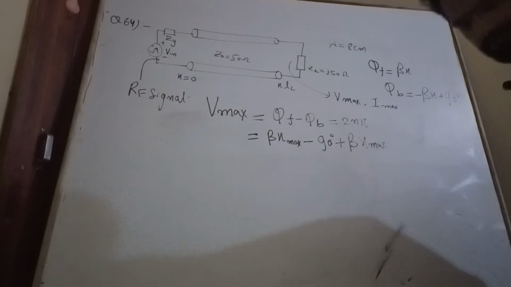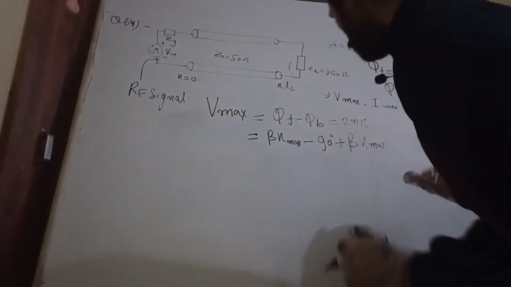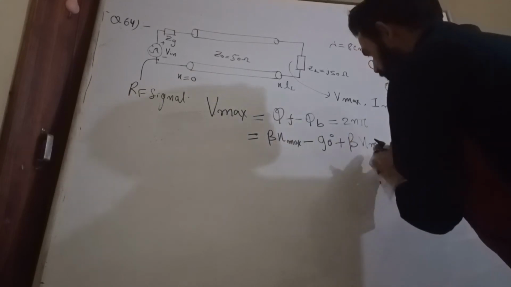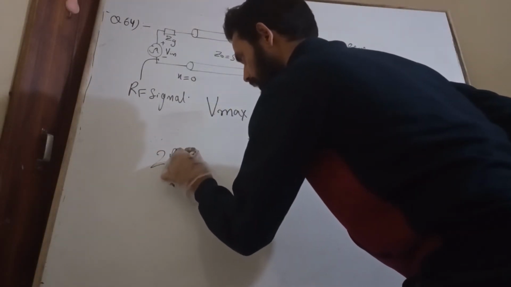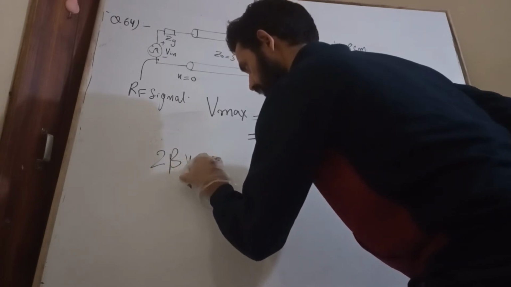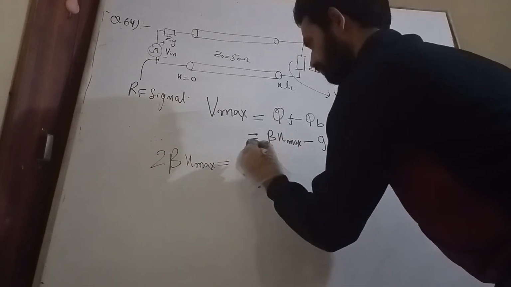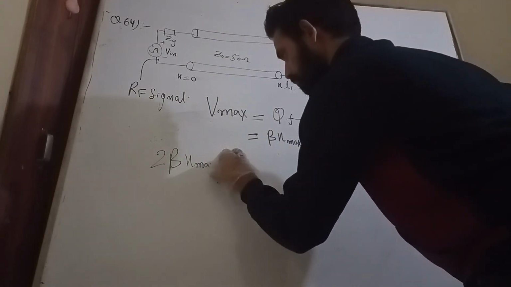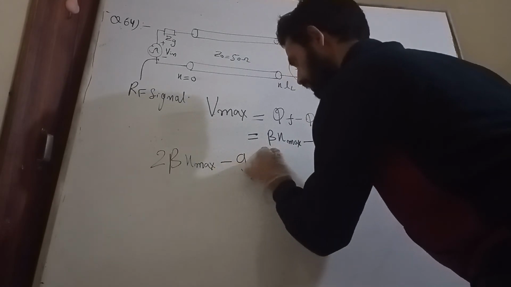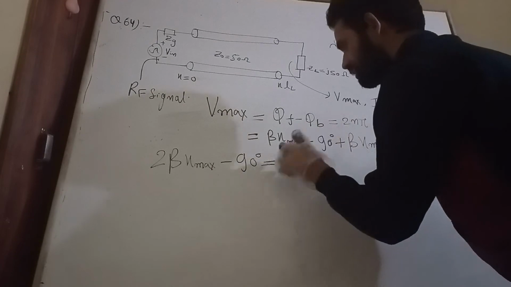So 2βx maximum minus 90 degree must be equal to 2nπ for the first voltage maxima, where n is equal to 0.